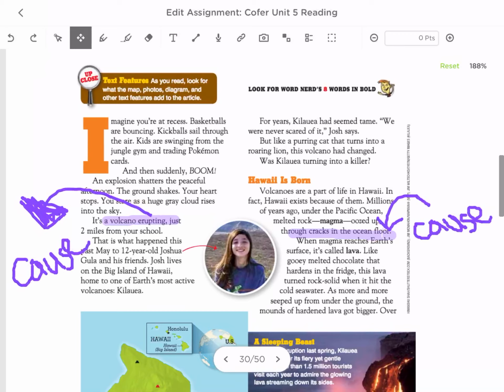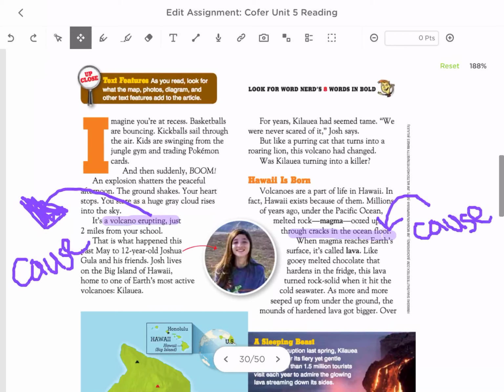Basketballs are bouncing, kickballs sail through the air, kids are swinging from the jungle gym and trading Pokemon cards. And then suddenly, boom, an explosion shatters the peaceful afternoon. The ground shakes, your heart stops, and the huge sky turns gray, clouds rise into the sky. It's a volcano erupting. It's only 2 miles from your school.